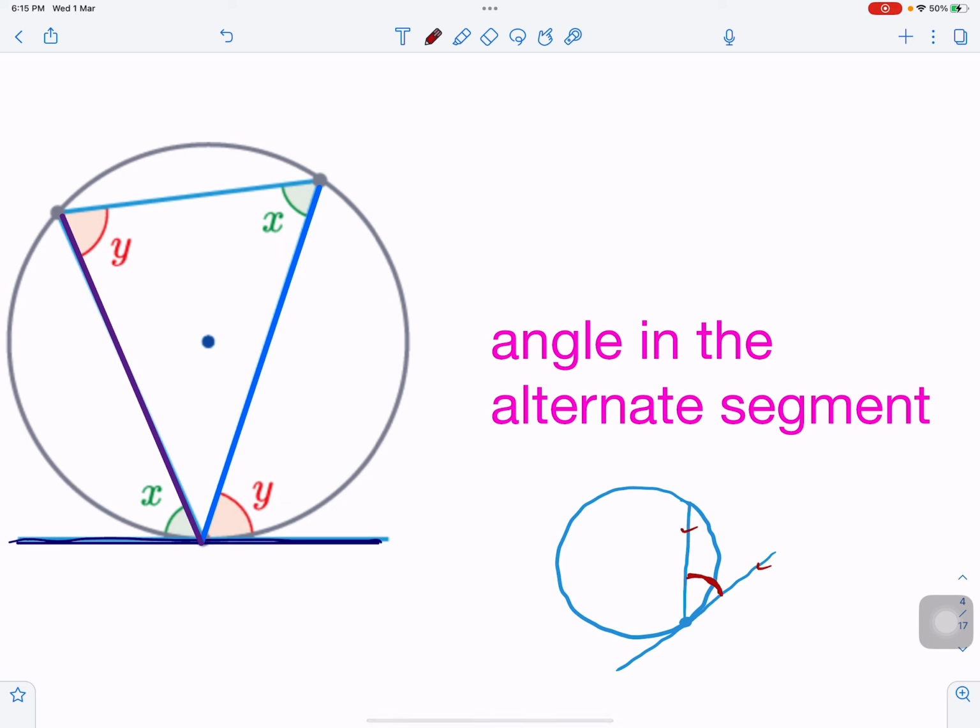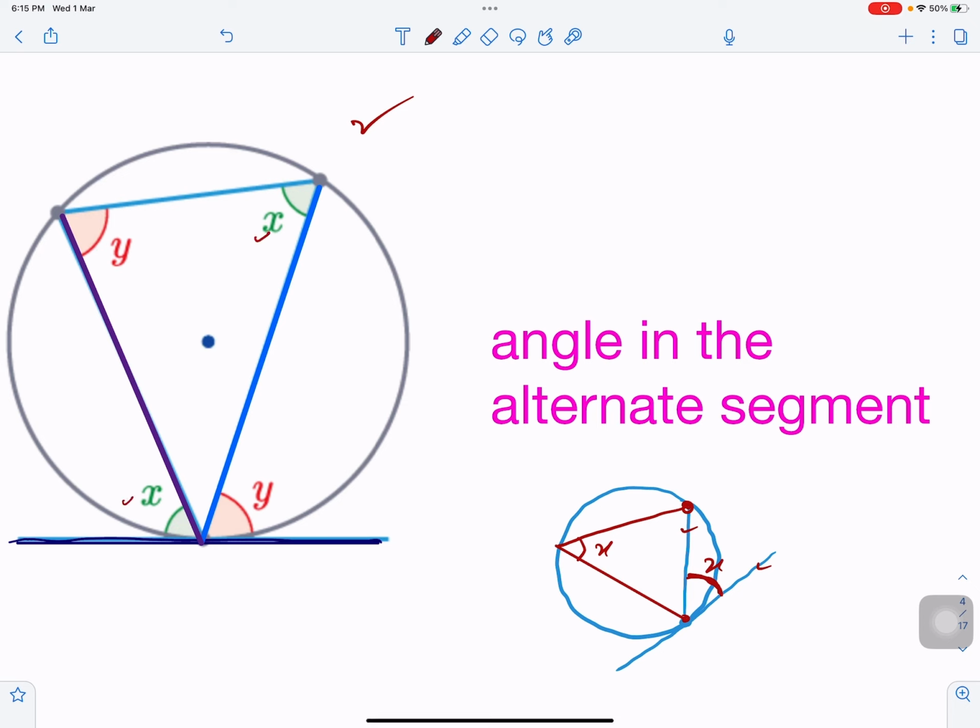The angle between the chord and the tangent will be equal to the angle made by the chord on the other side on the circumference. So this angle will be equal to this angle. In this diagram, x is equal to x.